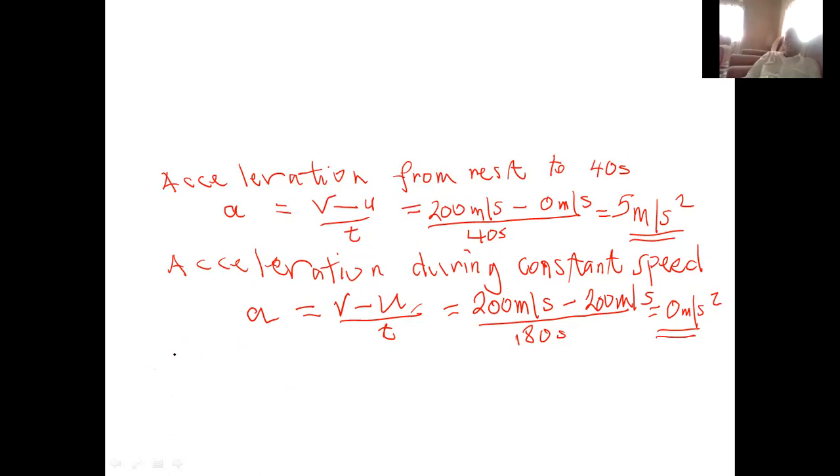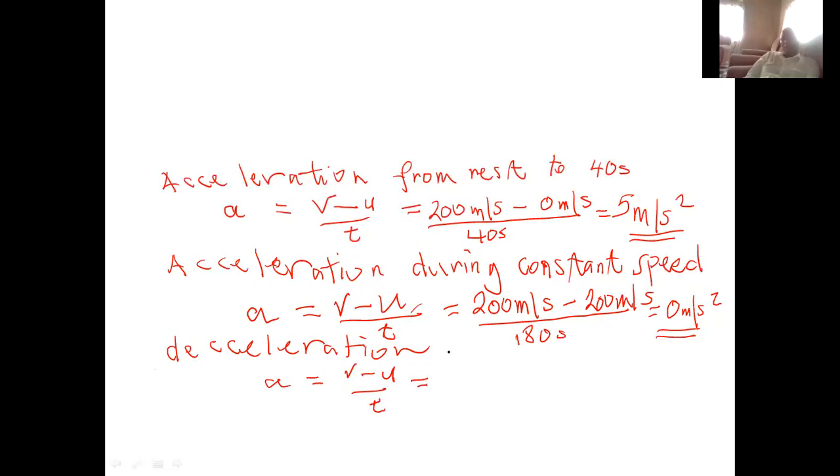Now the deceleration, when the object was decelerating. We can get it by also saying acceleration is equal to final velocity minus initial velocity over time.